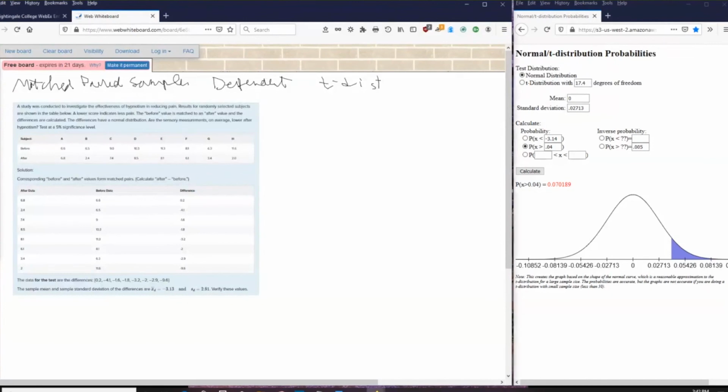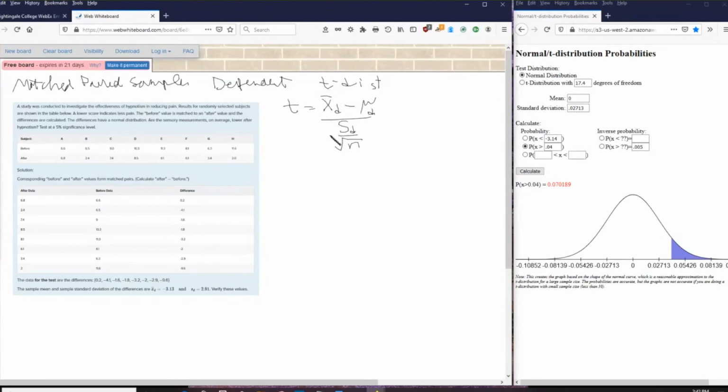For this type of problem, our t statistic is going to be the mean of the differences minus the population mean of the differences, divided by the standard deviation of the differences of the sample divided by the square root of the sample size.